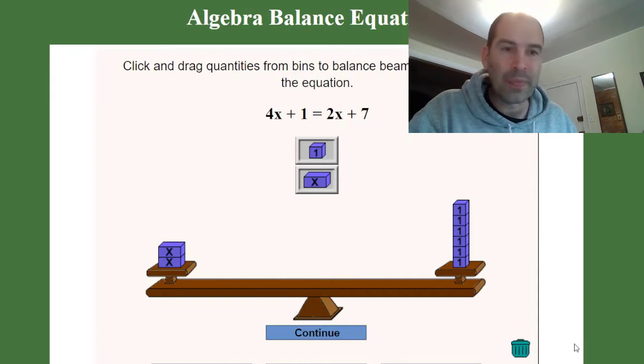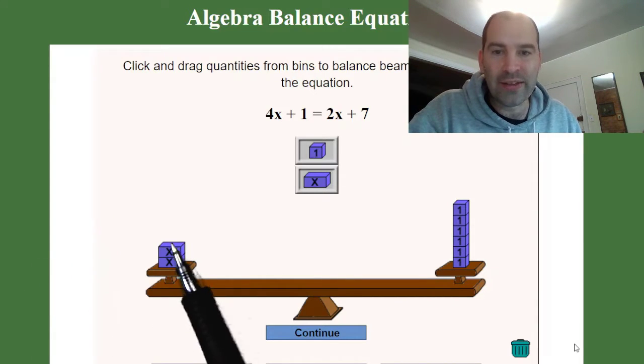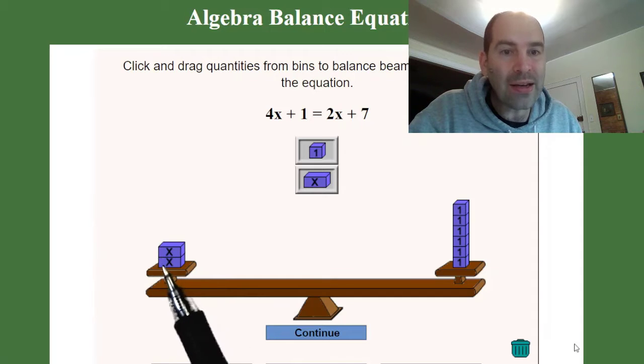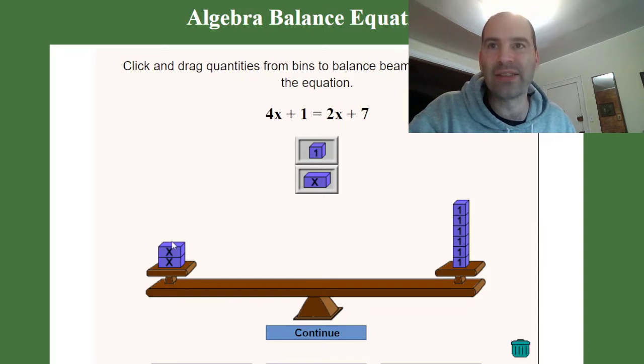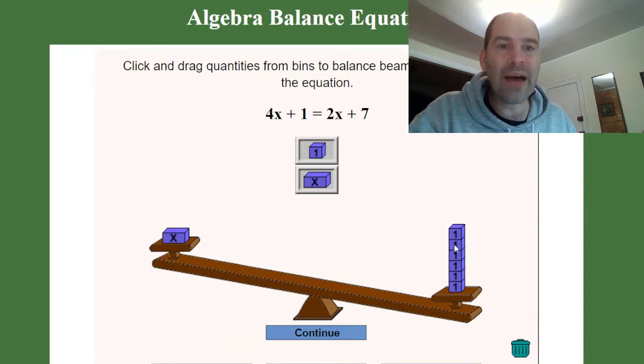Now what can I do? Well, I don't have x's on both sides. I only have them on one side. But what I can do is realize that, well, I can take half of the amount away from each side. And if I do that, I'll be left with a single x on the left. So let's take half of the x's away from the left-hand side. So that's half of them. And I'll take half of the 1's away.